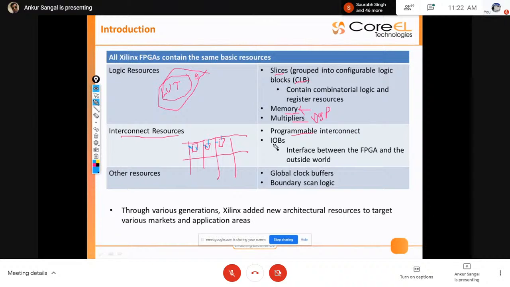Now we are discussing the IOB. If you want to connect your FPGA IC with any external applications, you need input output pins, GPIO pins. This is also available, and this is bi-directional. You can decide whether you want to use it as an input or as an output.